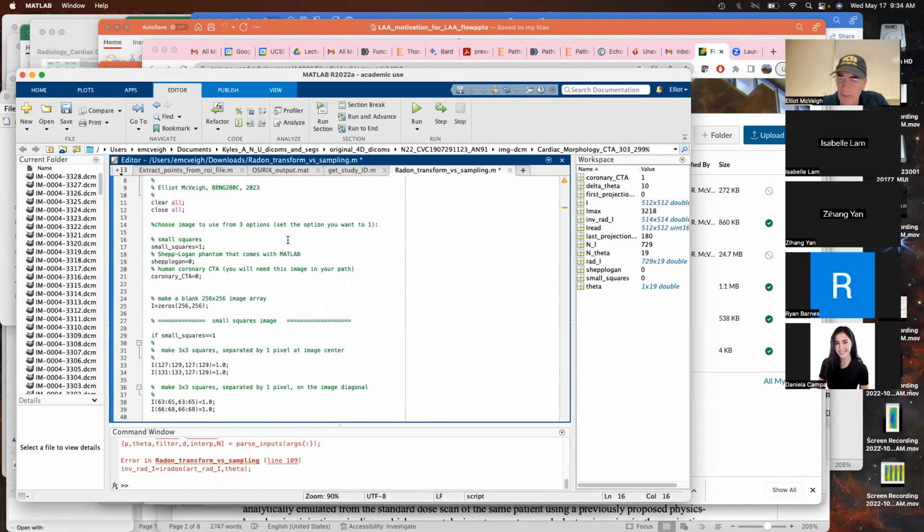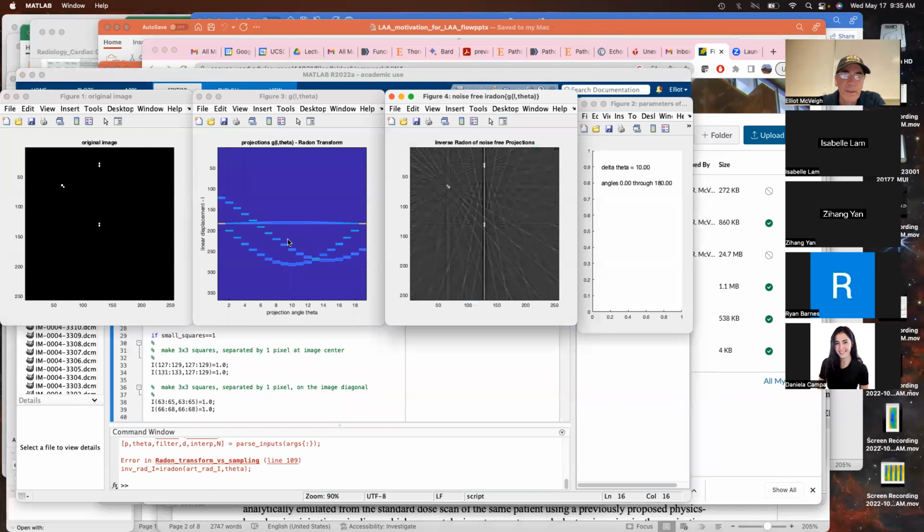To run everything, on my Mac anyway, I hit Command Return and it runs the whole program. This shows our example image, and I try to label each figure so that you see what's happening. Then this is the sinogram, g of l and theta, for our sampling.